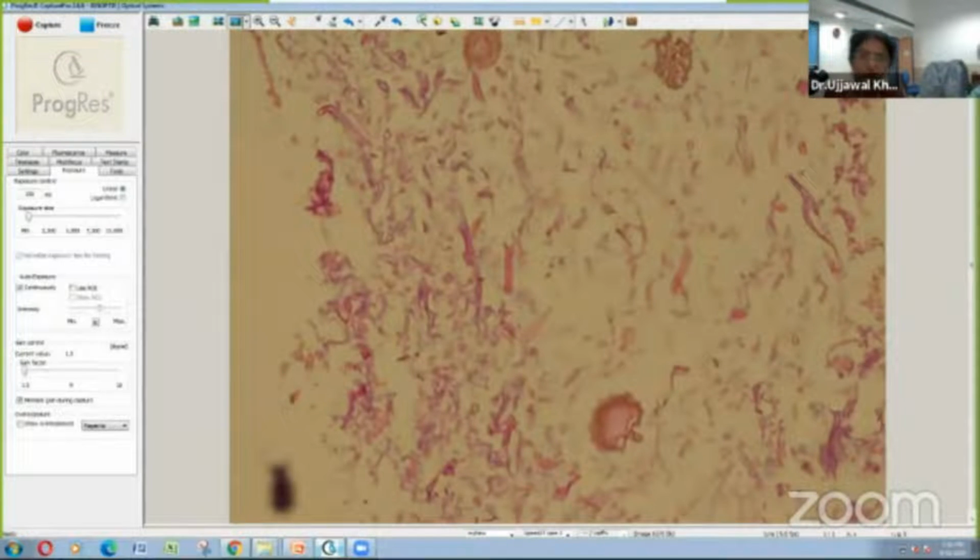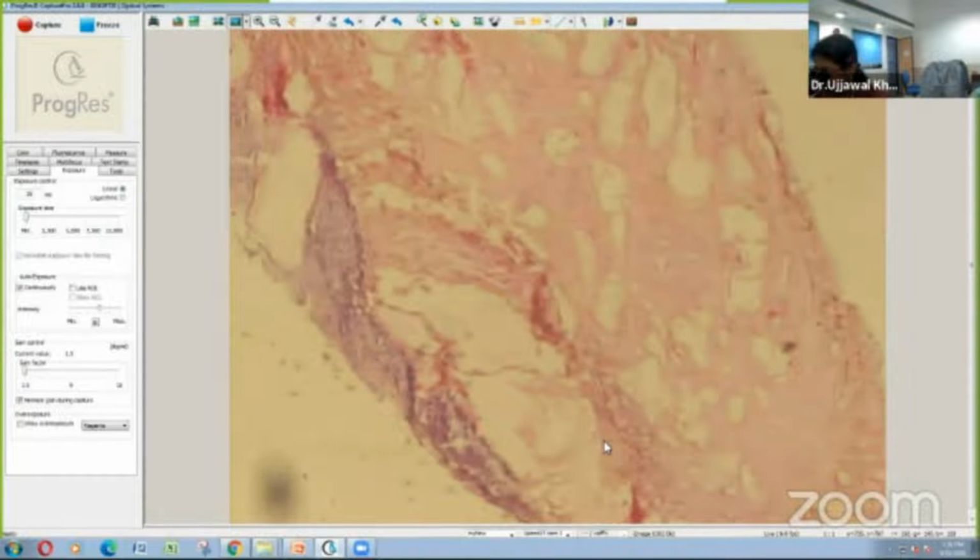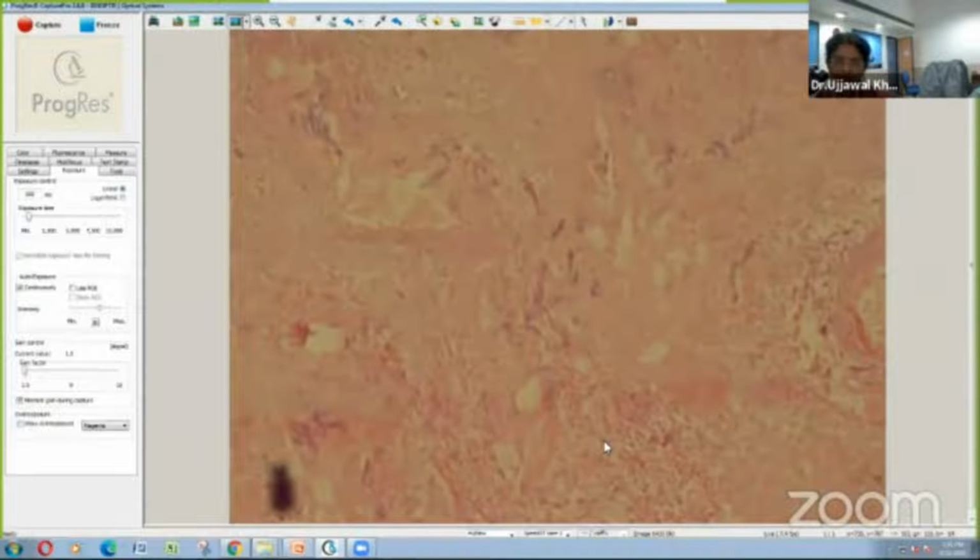So complete necrosis of the tissue, and whatever is remaining is these fungal elements.